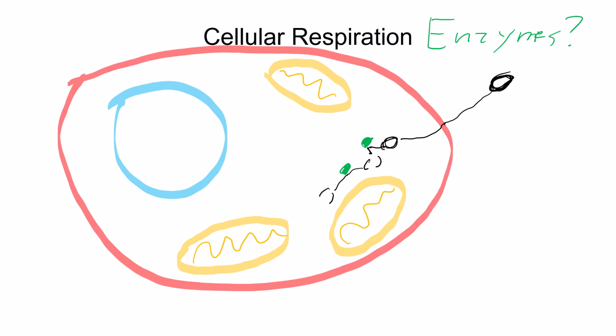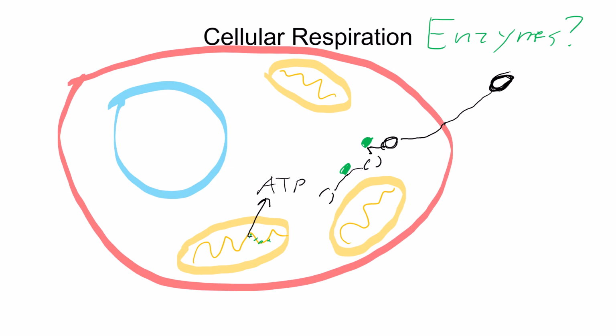And then those pieces of the sugar will go into your mitochondria. And in the mitochondria, there are more enzymes. And those enzymes will help make ATP to give your cell energy.